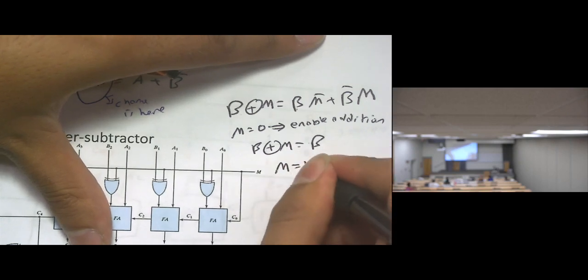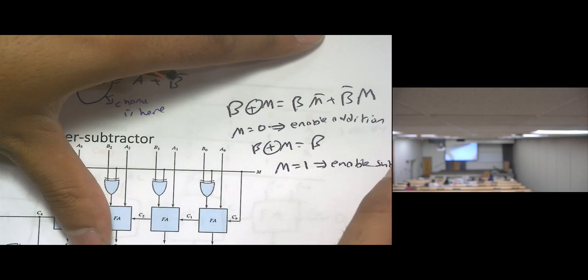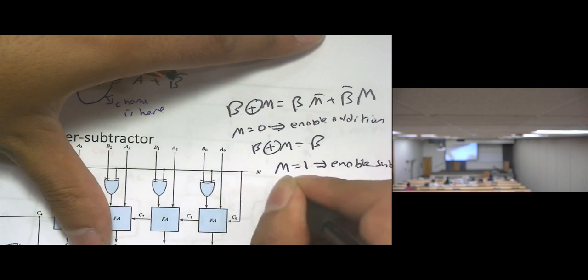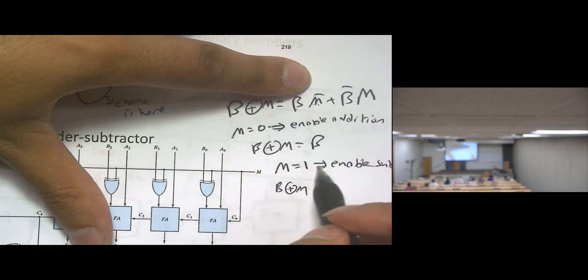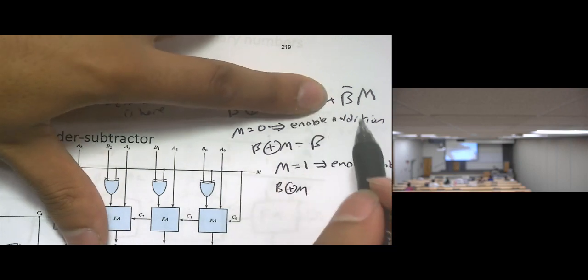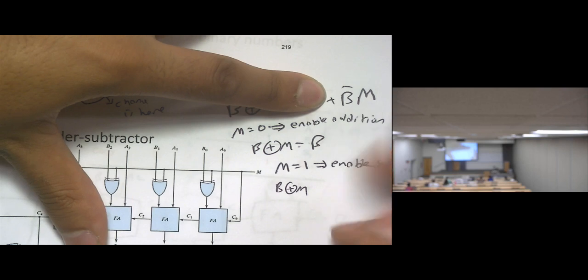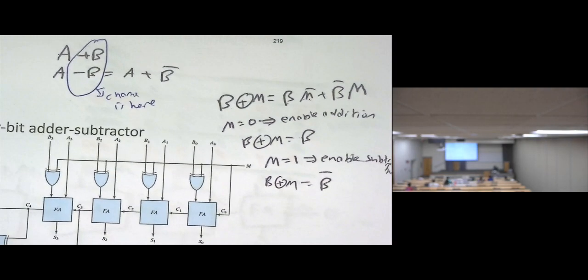When M equals 1, subtraction is enabled, which means B exclusive OR with M: B times 1 bar, which is 0, plus B bar times 1, which is B bar. That's it.